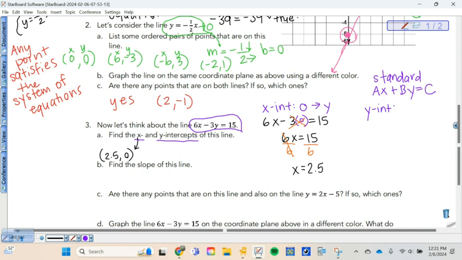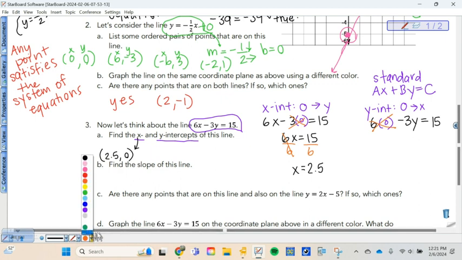My y-intercept is on the y-axis. That means that the x-coordinate has to be 0. So to find my y-intercept, we plug in 0 for x. So I've got 6x, but now x is 0, so 6 times 0 minus 3y equals 15. What's 6 times 0? 0, so that just goes away.